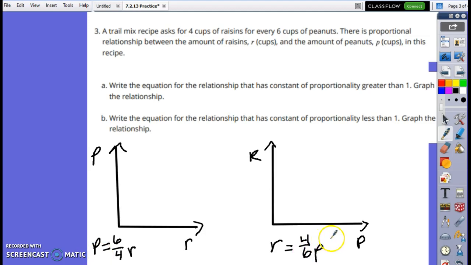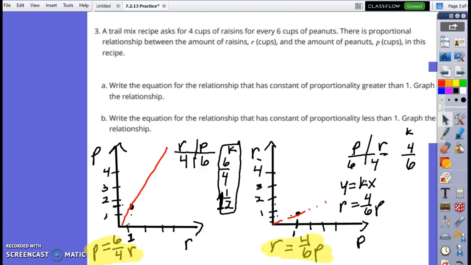So that's how we can go ahead and graph that relationship. So here you see what I have done. Here we have for 1 cup of raisins, there will be 1 1/2 cups of peanuts. Here for 1 cup of raisins, there will be 4/6 of a cup of peanuts.